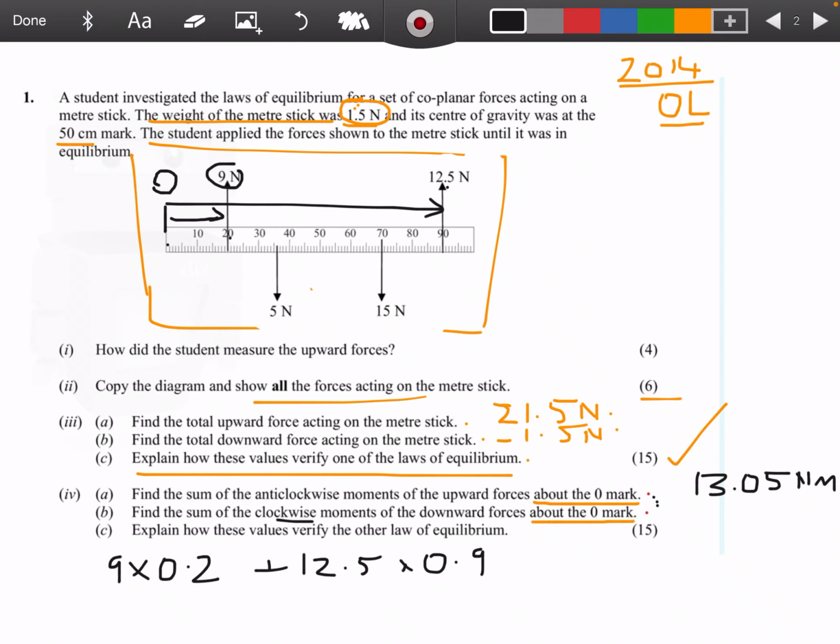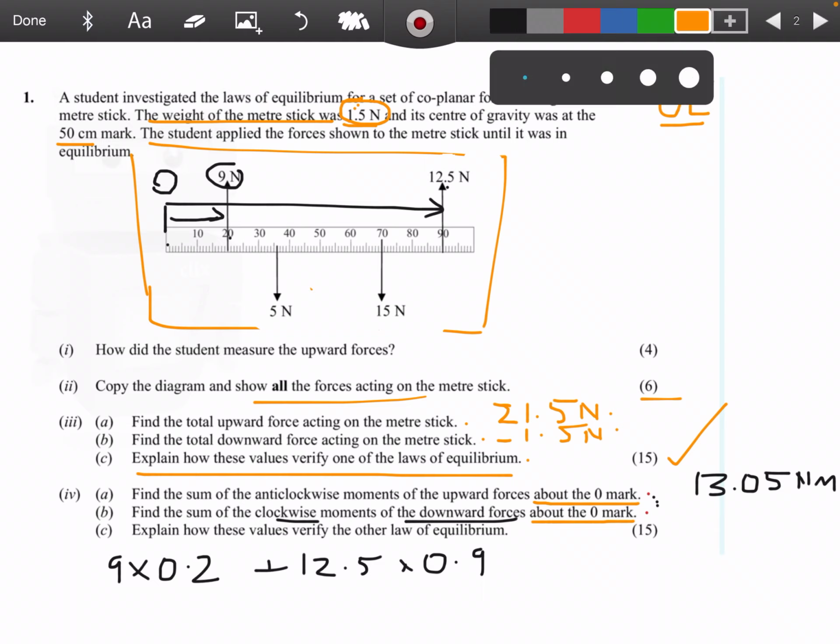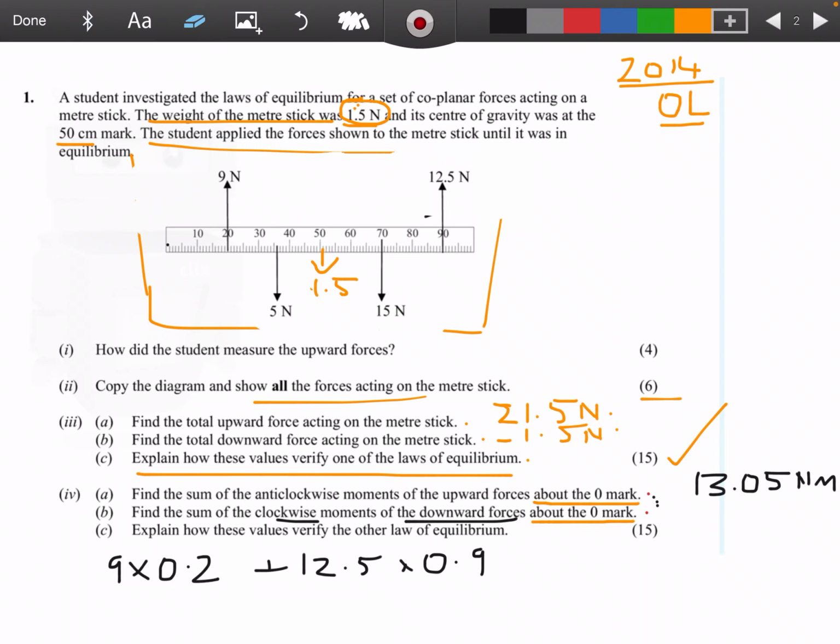The next one, the clockwise moments of the downward forces about the 0 mark. So it's telling you which ones to do. Remember, I wrote that one out, so we need to make sure we go back to that. I get rid of the upward ones for now. So that's our 0 mark again. We've got force 5 by distance, and that's 0.36 by what I can see there. So we've got 5 by 0.36.